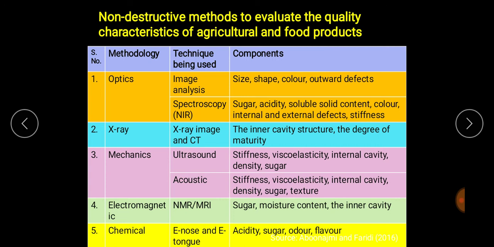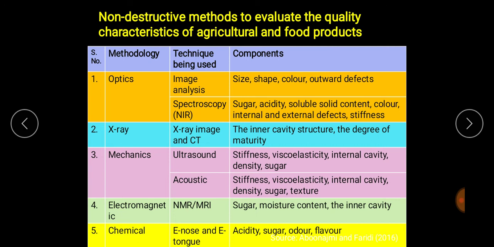What can ultrasound check? Stiffness, viscoelasticity, internal activity, density, sugar. And acoustic, stiffness, viscosity, both are the same, because ultrasound will send some sound to that material, and based upon the reflected sound the machine can get the reading.